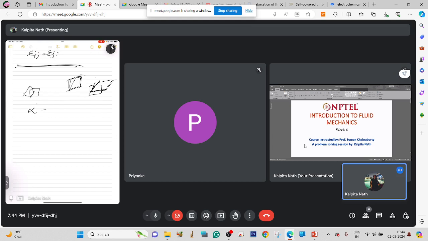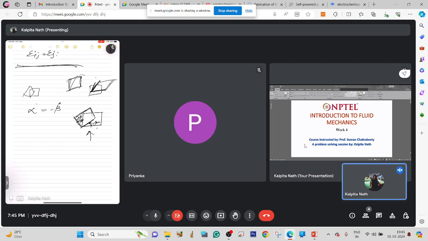For that rotation, we'll consider alpha dot is equal to minus beta dot, because this angle is not changing. If this is the body initially and when it rotated, it became like this, that means this is del alpha and this is del beta, right? What it was initially, finally also it is the same. The angle taking place here, the same thing will take place here, but it will be opposite.